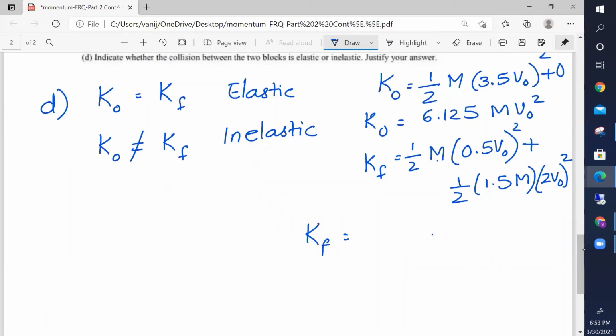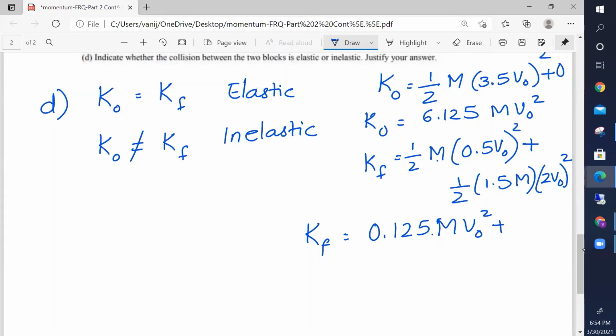So Kf is going to be equal to, how much is 0.5 squared divided by 2? 0.125 m V0 squared, plus, 2 squared is 4, 4 times 1.5 divided by 2.